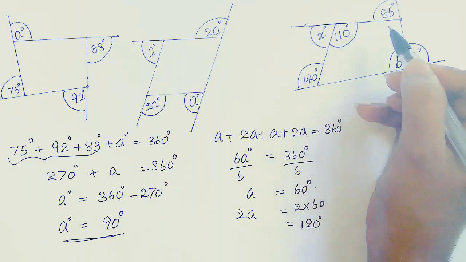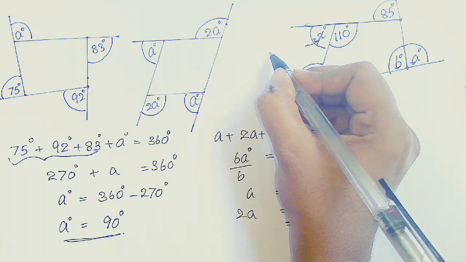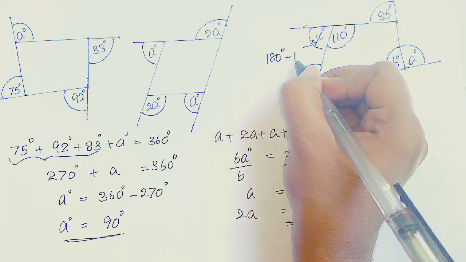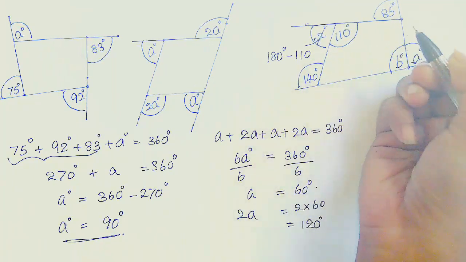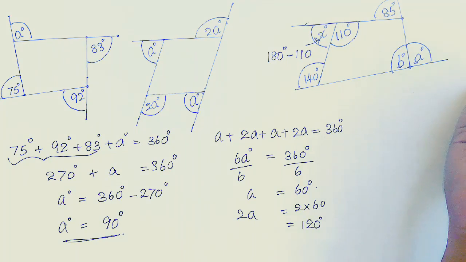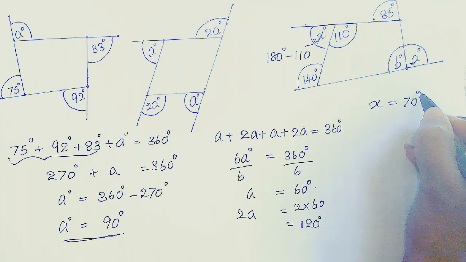These angles are on a straight line. That means x can be found because the sum of the angles on a straight line is 180 degrees. Then we can find x as 70 degrees.